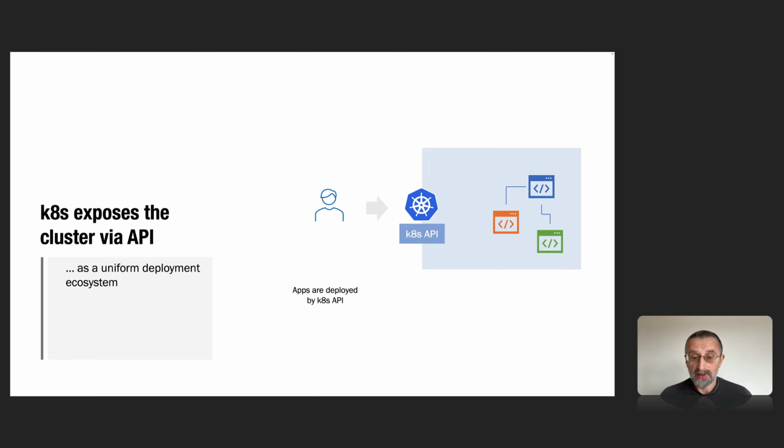So apps are deployed by the Kubernetes API and run across all the machines in the cluster. A given app may be relocated from server to server if needed, but it's behind the scenes because Kubernetes abstracts away the infrastructure from you.